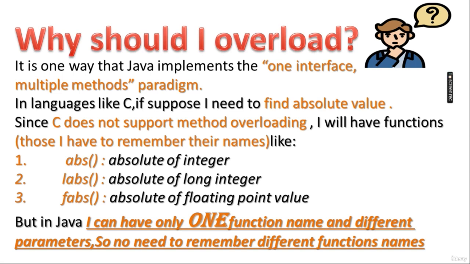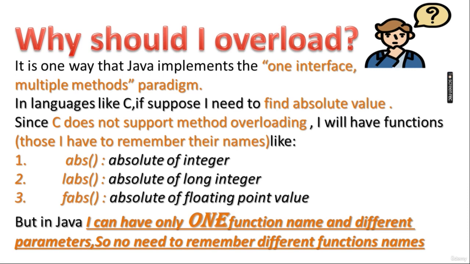But in Java I can have only one function name and different parameters, so I do not need to remember different function names for every data type. So I can define abs, abs and abs, which is already defined in the math class of Java. And whenever we are calling the function, depending upon the parameter and type of parameter we are passing, Java will call that appropriate method.